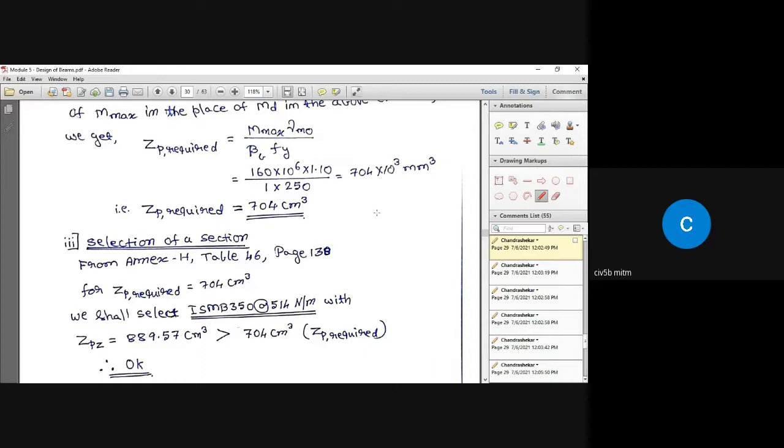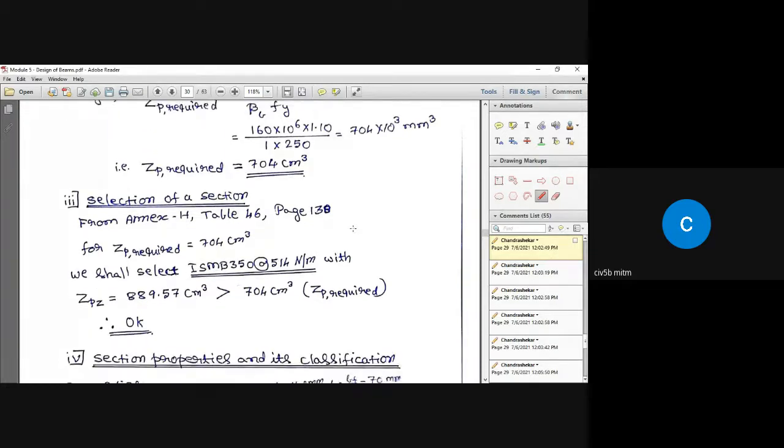Here, what is ZP required? That is 704 cm cube, and look for an ISMB section whose ZP value, or ZPZ value, is greater than or at least equal to ZP required.